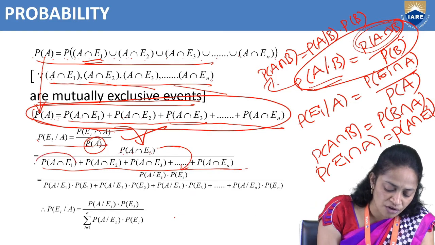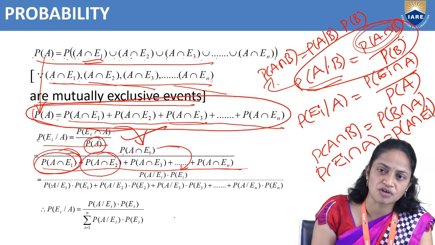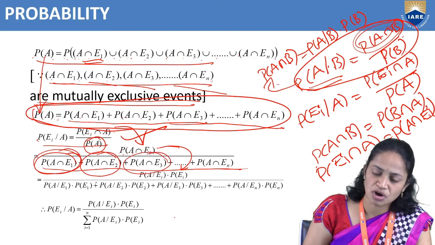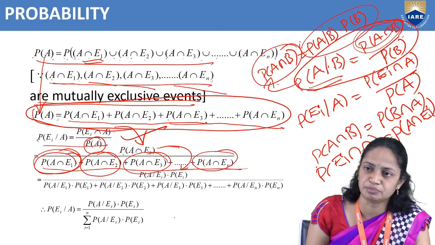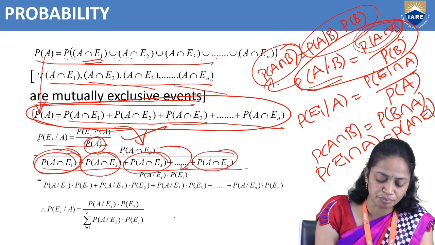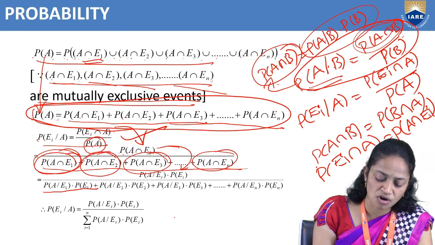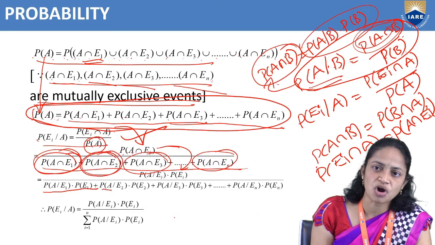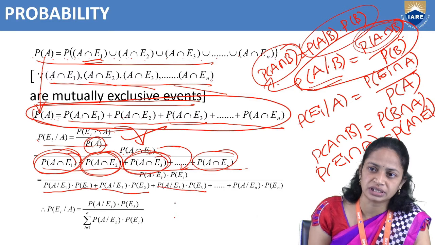So P of A intersection B can be written as P of A given B times P of B. Like that, P of A intersection E1 can be written as P of A given E1 times P of E1, plus P of A intersection E2 as P of A given E2 times P of E2, P of A intersection E3 as P of A given E3 times P of E3, and so on.